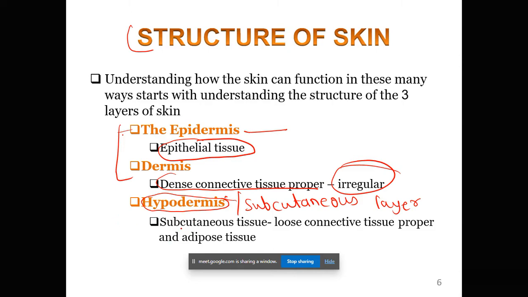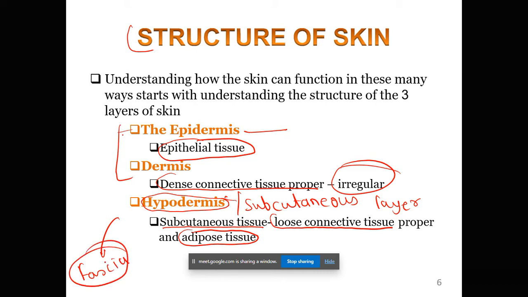So irregular dense connective tissue. Okay, so hypodermis is also known as subcutaneous tissue or subcutaneous layer. It is made up of loose connective tissue. We have already studied the types of various connective tissue, and also we may find adipose tissue. Below the hypodermis, you will find fascia.